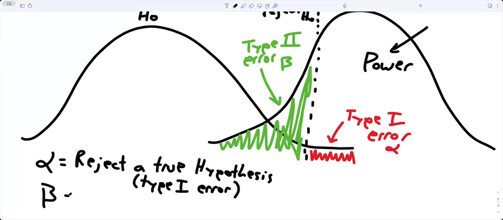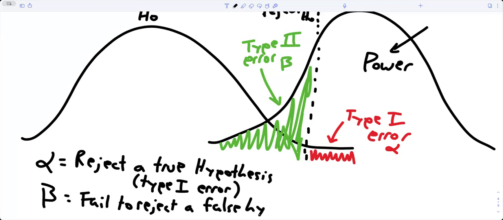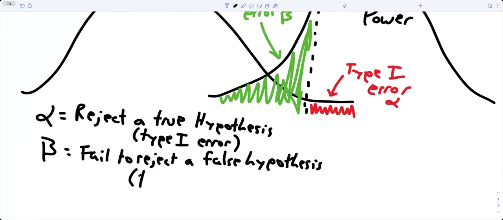Beta means we fail to reject a false hypothesis, which is type 2 error.